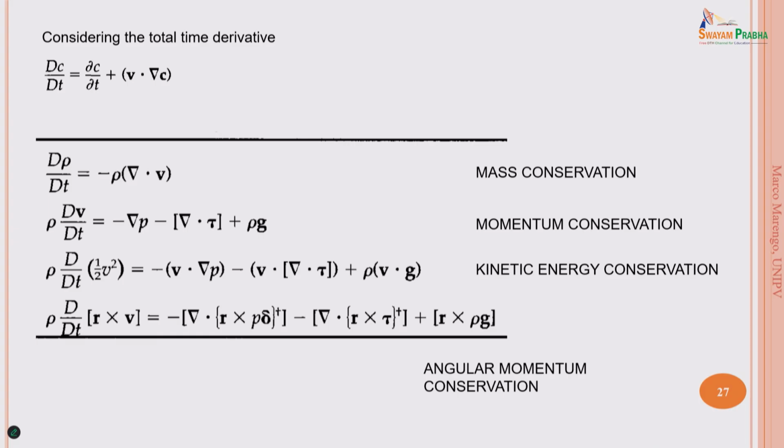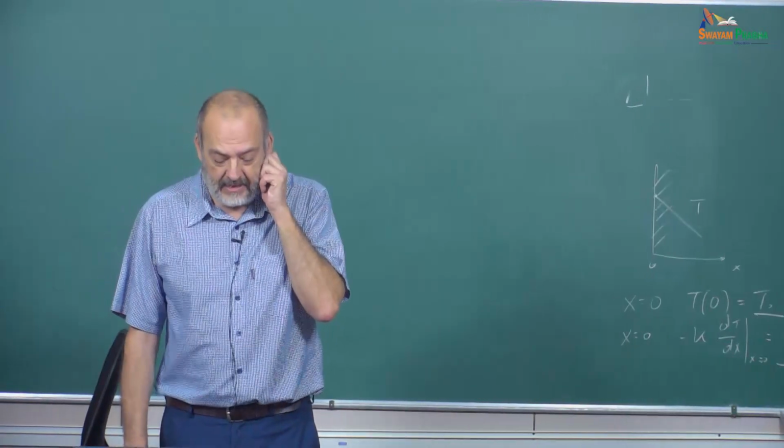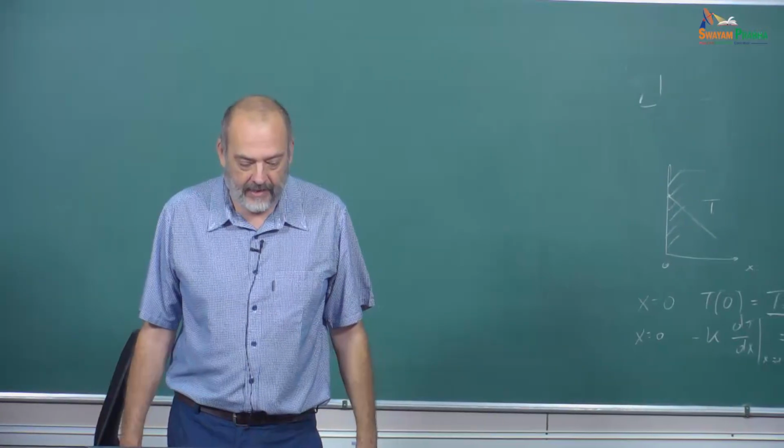So instead of writing the partial derivative of a quantity with respect to time plus v multiplied by the gradient of c, we can write this part in terms of the total time derivative, because in this case the form is even nicer.